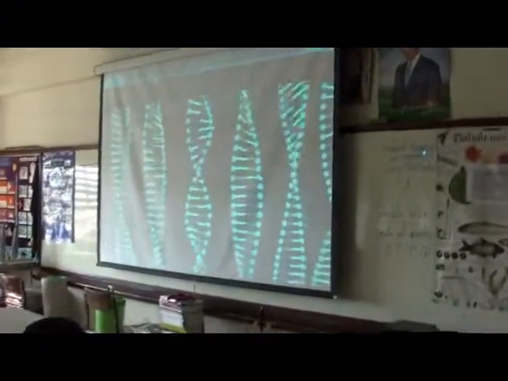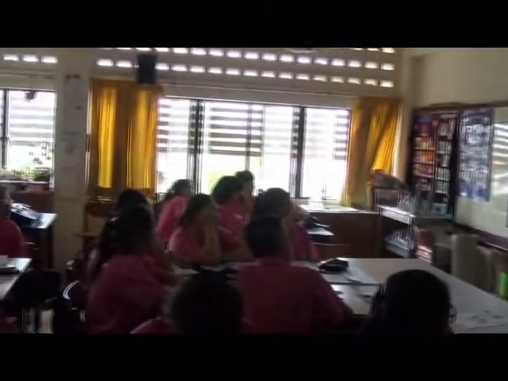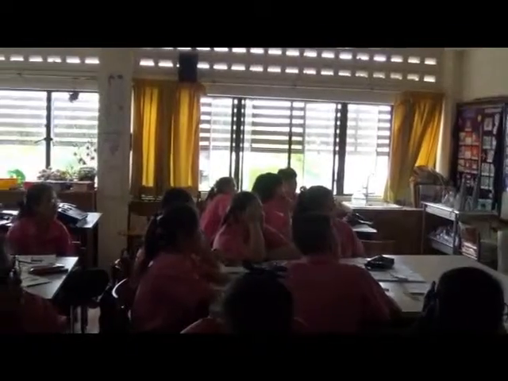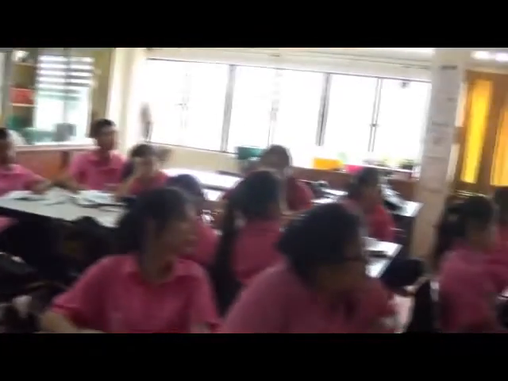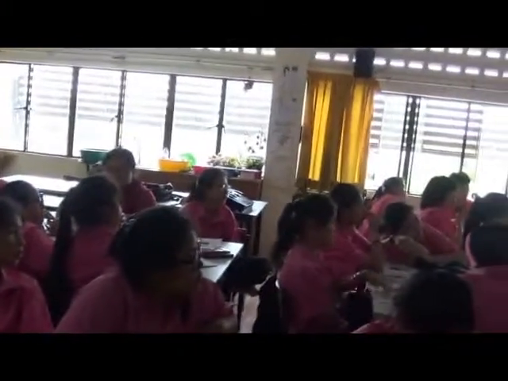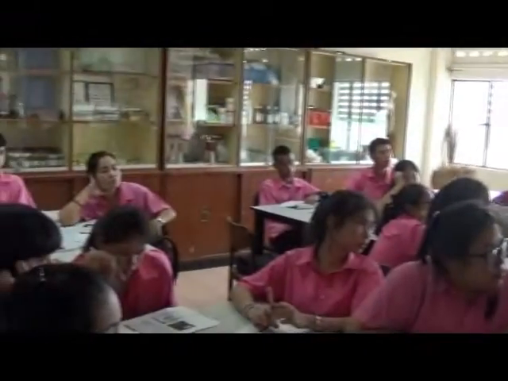DNA folds into paired packages called chromosomes that are stored in the nucleus of the cell. Different species have different numbers of chromosomes. Humans have 23 pairs. Chromosomes contain many genes. A gene is a section of DNA that holds the instructions for a protein.